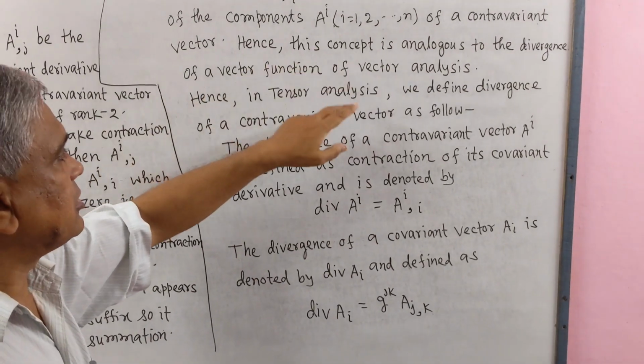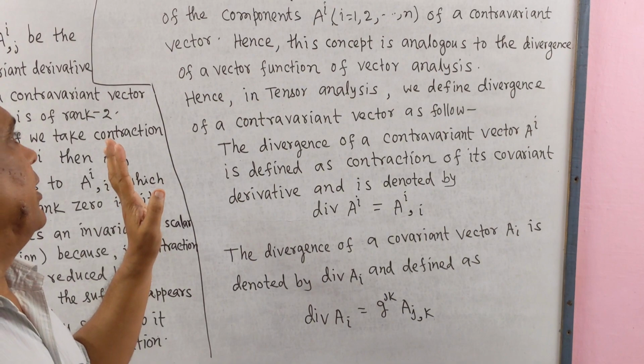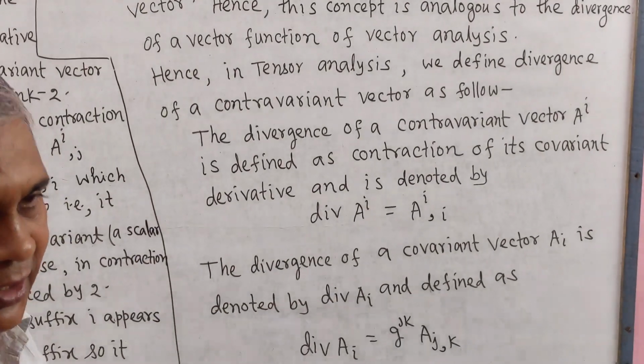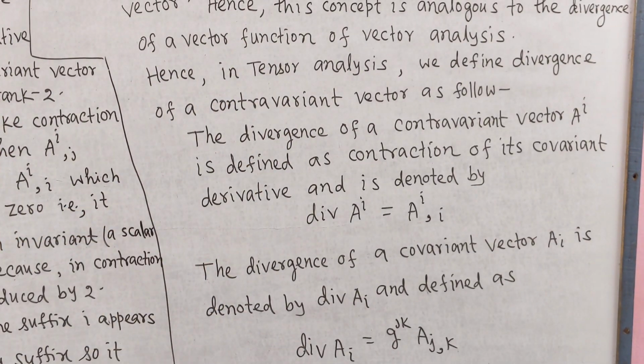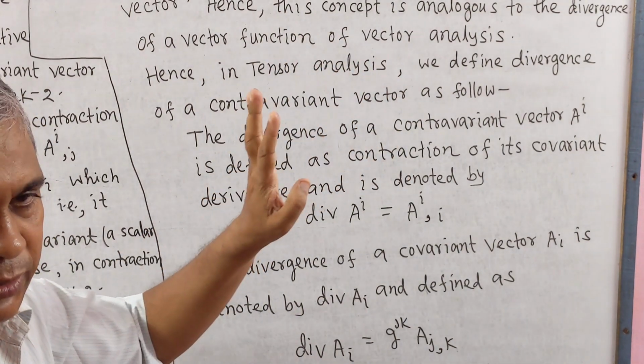Hence this concept is analogous to the divergence of a vector function in vector analysis. In tensor analysis, we define the divergence of a contravariant vector as follows.